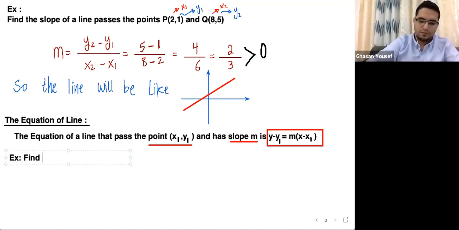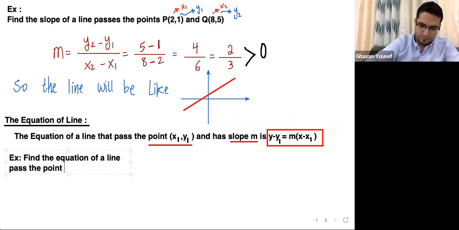Find the equation of a line that passes the point (1, -3) with slope -2.